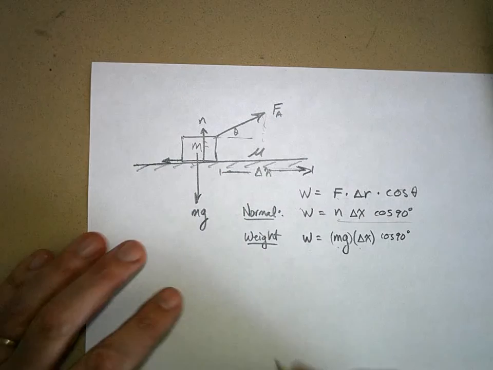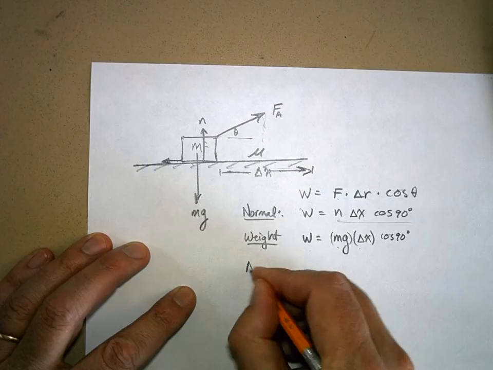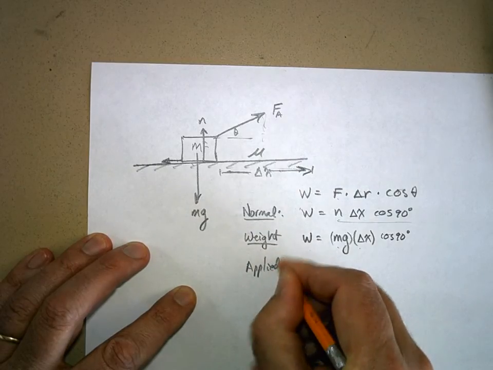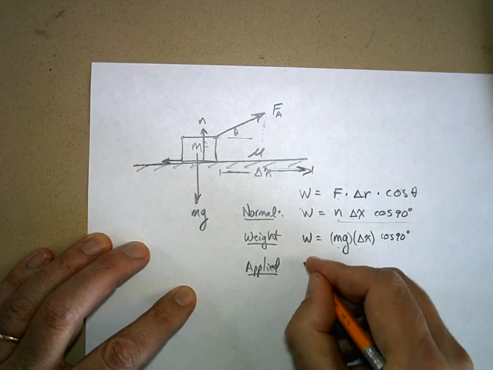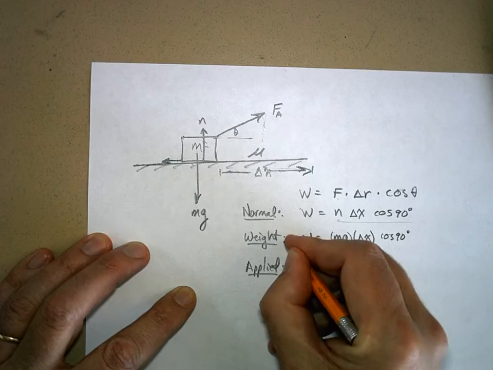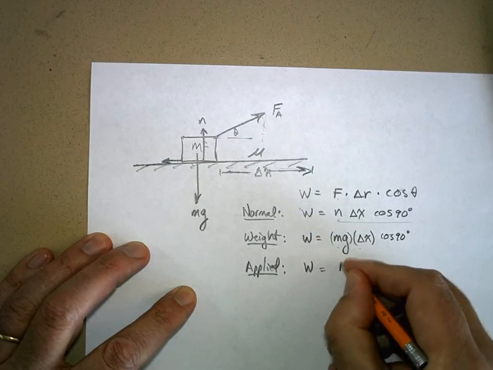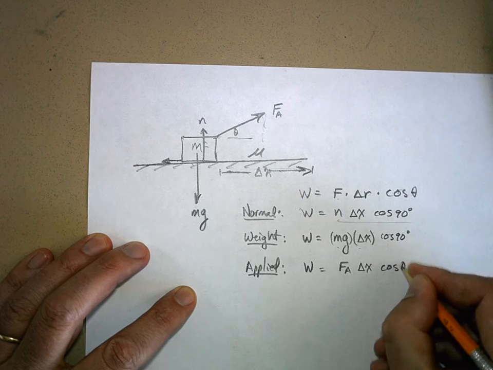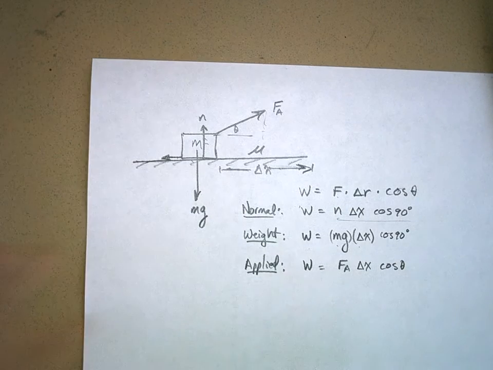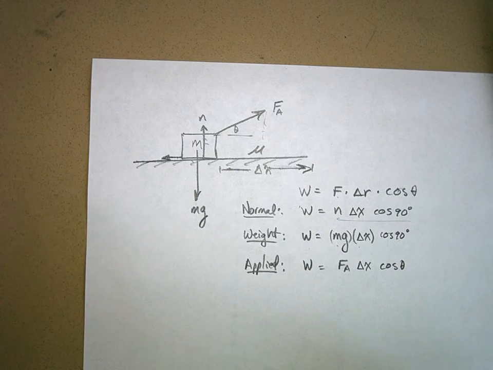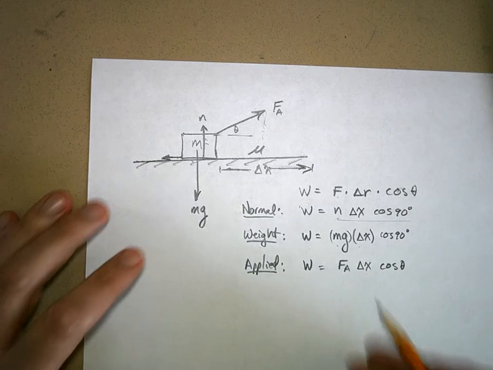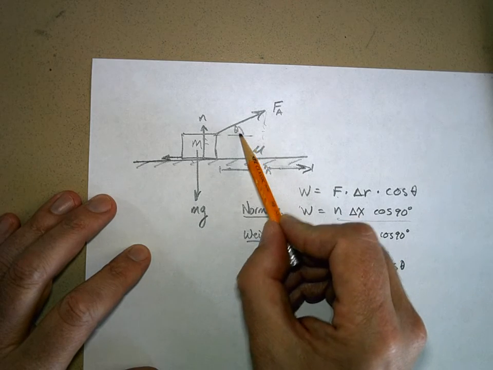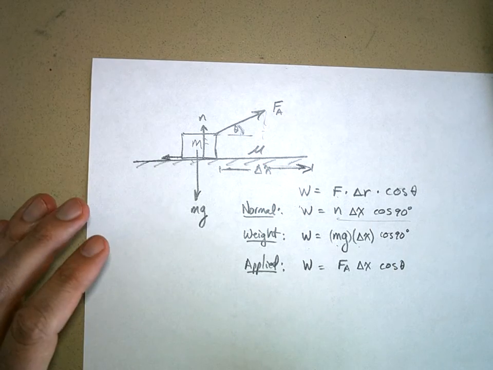Well, let's take a look at the applied force. How much work is it doing? Well, it's whatever that applied force is times the displacement times the cosine of theta. And it looks like theta is about 20 or 30 degrees, and that's fine. Because of that, this is going to be positive.